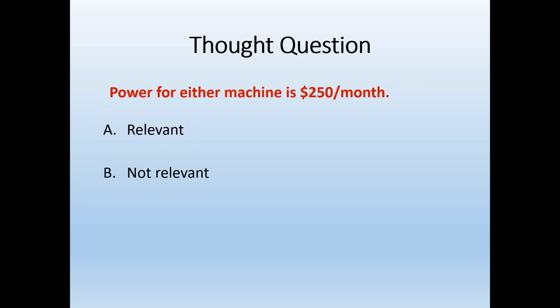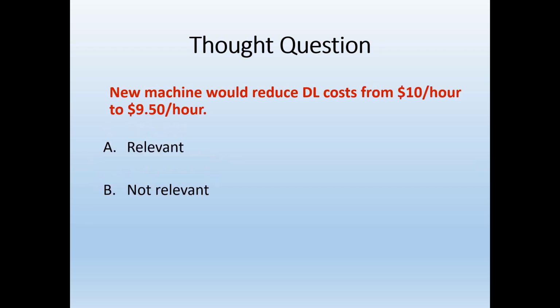Power for either machine is $250 a month. Is that relevant? No, it's not relevant because it's the same for both machines. The new machine would reduce direct labor costs from $10 an hour to $9.50 per hour.